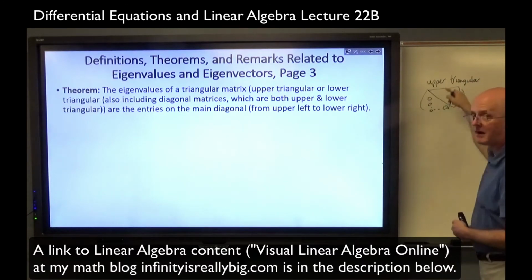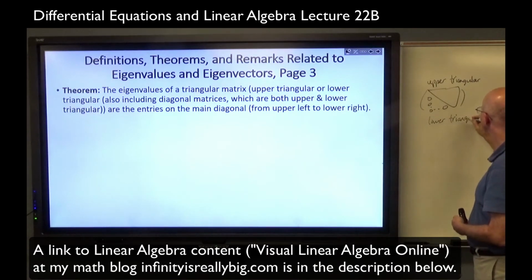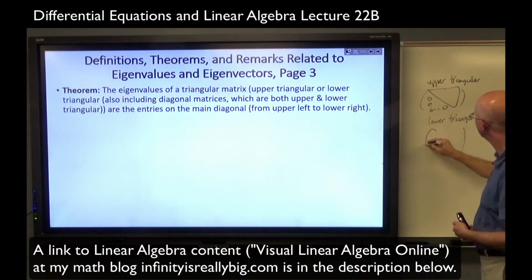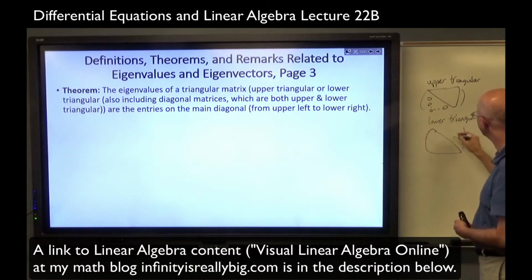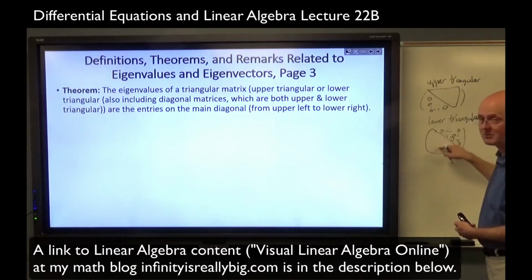Lower triangular has the possibly non-zero entries below the main diagonal and on the main diagonal, and zeros elsewhere. Could be zeros down here too, but these have to be zero for lower triangular.